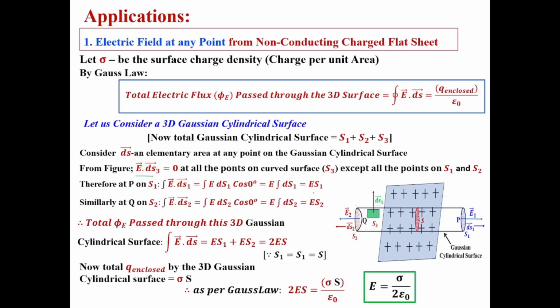So for this surface, the electric field intensity direction is along this direction, ds3 is along this direction, so the angle between them is 90 degrees.